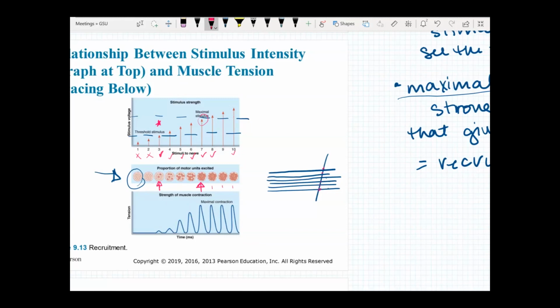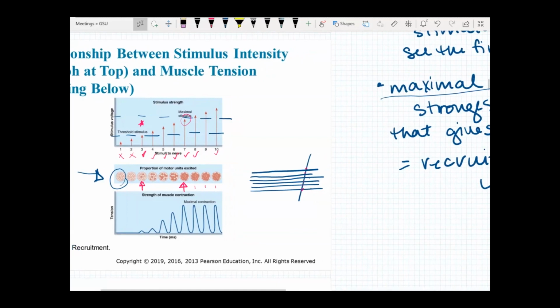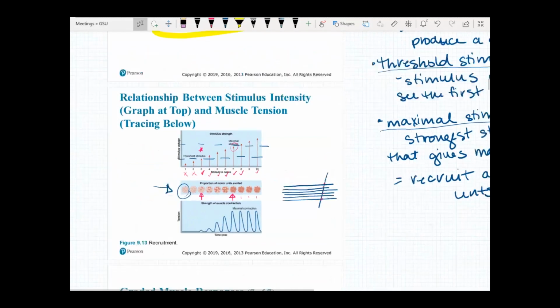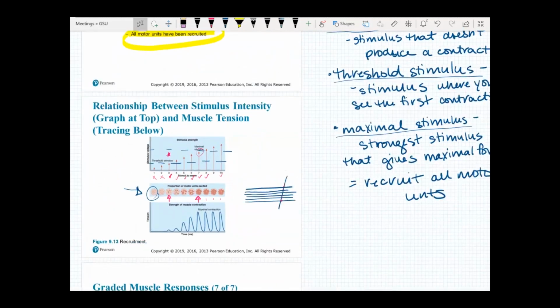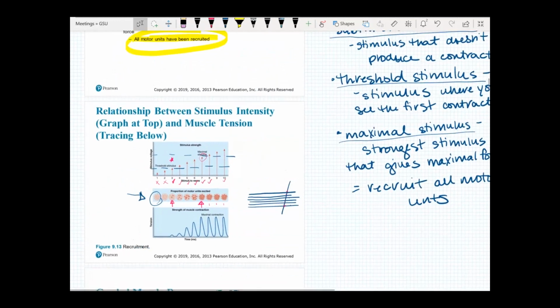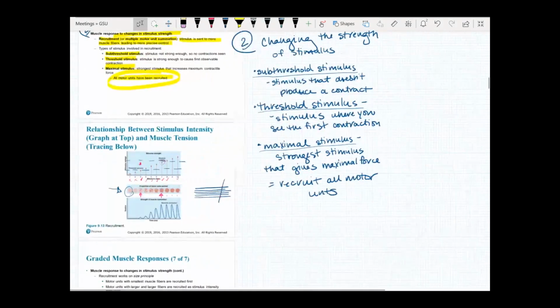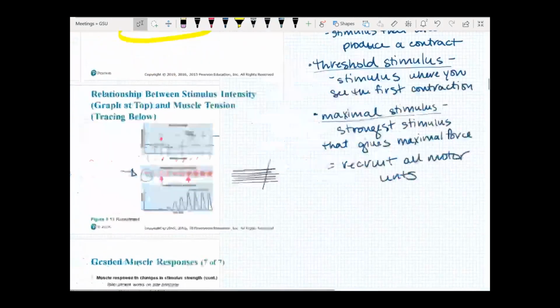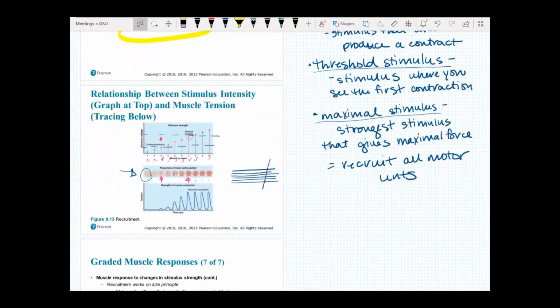So that's how it's going to happen when we hit our size principle of recruitment, meaning the larger the size of the stimulus, the more recruitment you will have, until at some point you actually cap out on your recruitment. So we can change our muscle contraction based on increasing the frequency of the stimulation or increasing the strength of the stimulation.